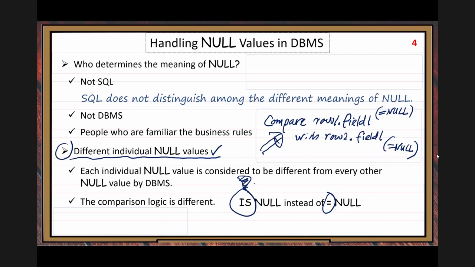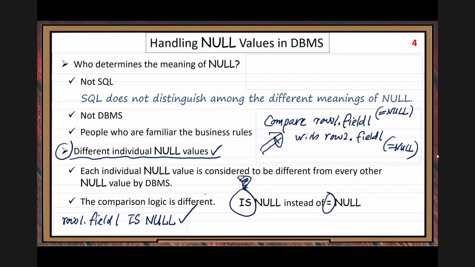For example, if you do comparison, let's say row 1 dot field 1, this time is null. You do not say equal null, you say IS null. If it is null value, then it is true. The DBMS returns the true value, so it is selected.